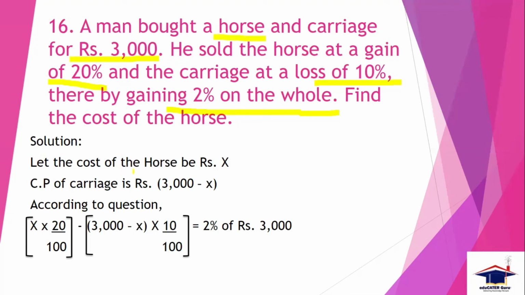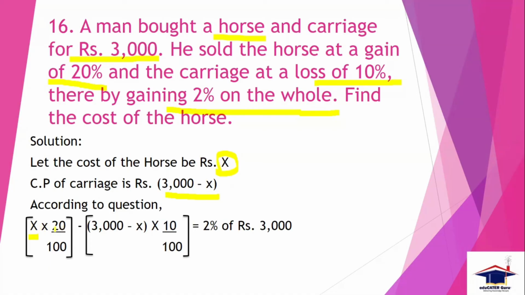So let the cost of the horse be x, because we don't know the cost of the horse. Then the cost price of the carriage is 3,000 minus x. The cost of the horse we have to remove, then only we'll get the cost price of the carriage, that is 3,000 minus x. According to the question, x has got 20% profit.